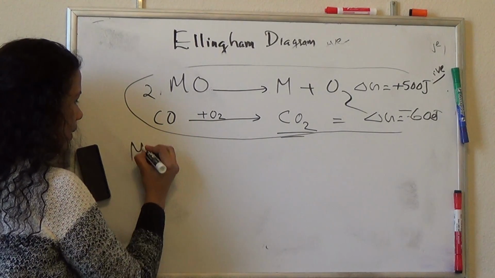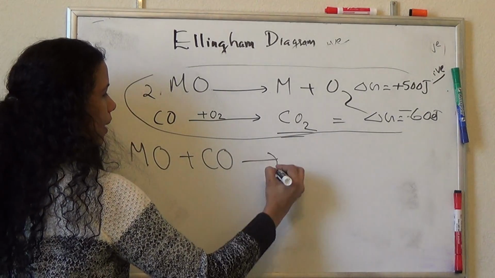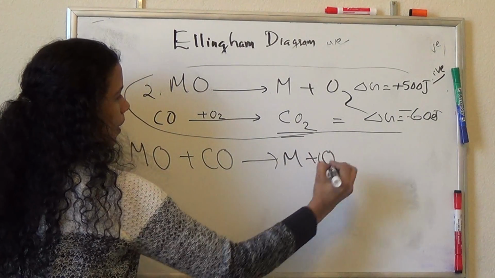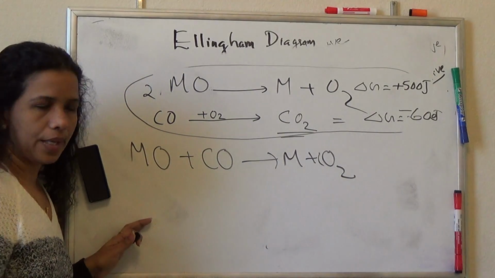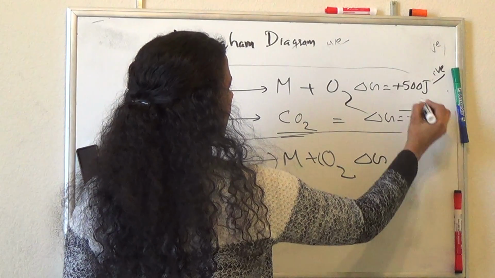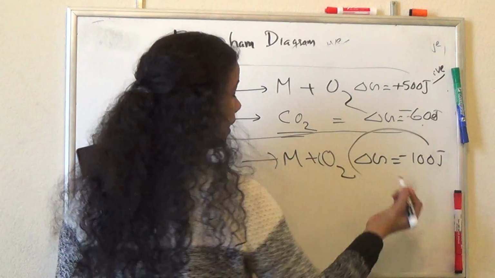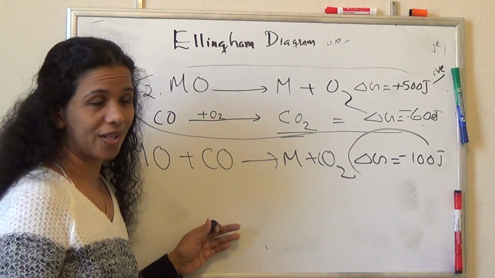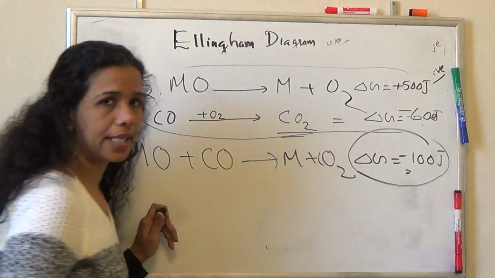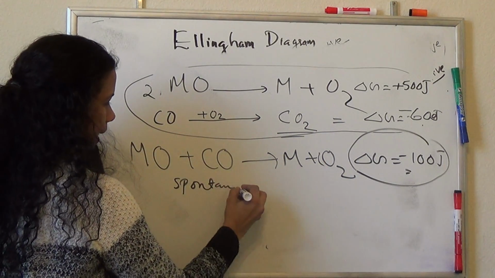That means metal oxide plus carbon monoxide gives metal plus carbon dioxide. We are coupling these two reactions. So resultant delta G will be minus 600 plus 500, which is minus 100 joule. That is an approximate value, not the exact value. That means delta G will become negative, or this reaction will be spontaneous.